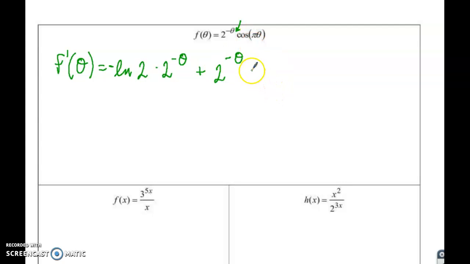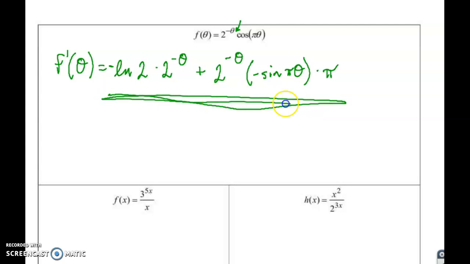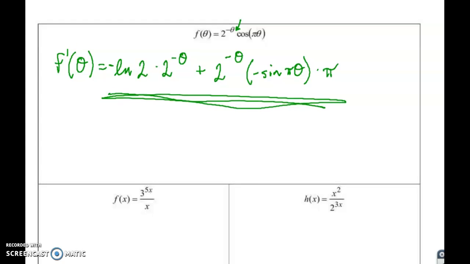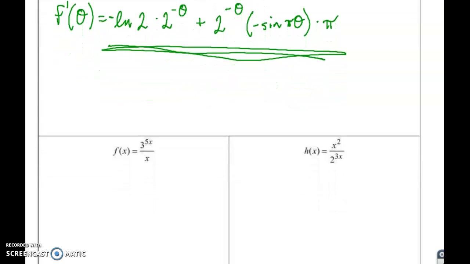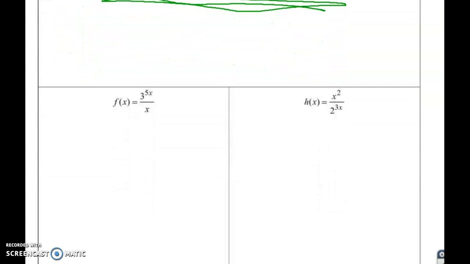The derivative of cosine is negative sine. Leave pi theta alone times the derivative of pi theta, which is just pi. Again, you could rewrite this in many different ways, but I'm not going to. Feel free to pause, make sure you understand everything, try to simplify if you'd like.